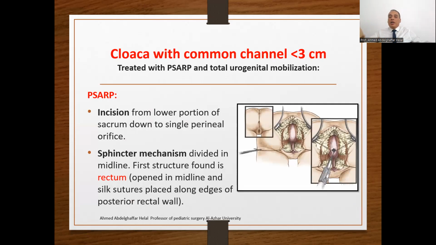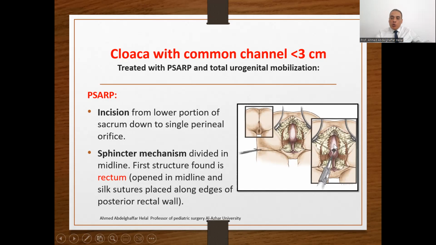For the cloaca with a common channel less than 3 cm, this is treated by the PSARP as we discussed, and total urogenital mobilization. The PSARP incision, as we described before, runs from the lower sacrum to the single perineal orifice, and after dividing the sphincteric mechanism in the midline, you will see that the first structure will be the rectum.